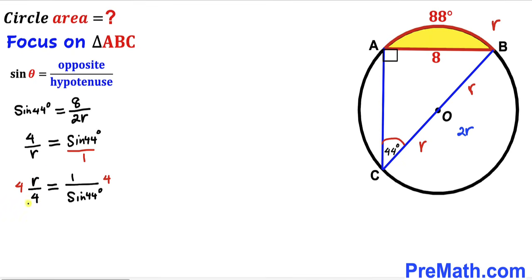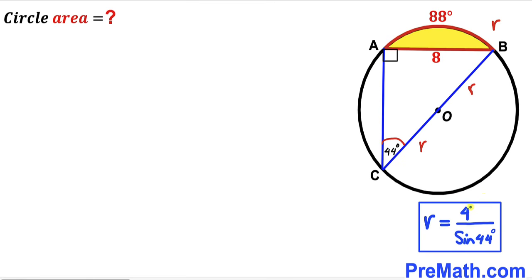Here we can see the 4 and 4 are gone. So our radius lowercase r turns out to be 4 divided by sine of 44 degrees.